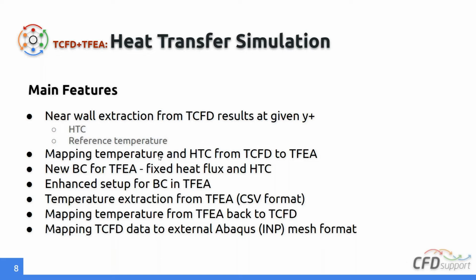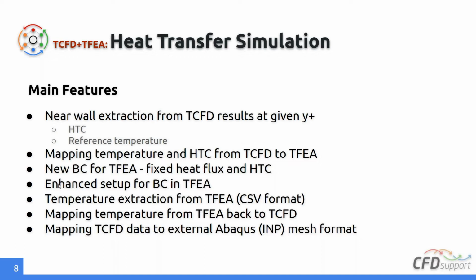Then we can map this reference temperature or temperature from the wall, or HTC, from CFD to FEA analysis. So FSI not only for the forces but also for the temperature. Therefore, there are new boundary conditions for TFEA. So there is, for example, the fixed heat flux and HTC.